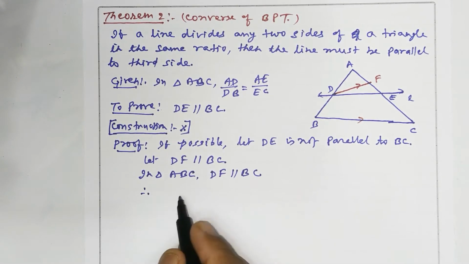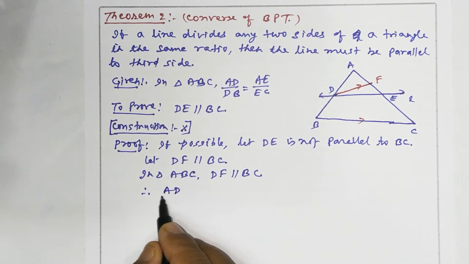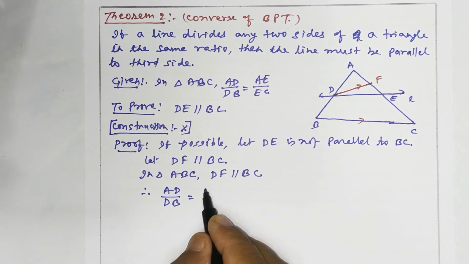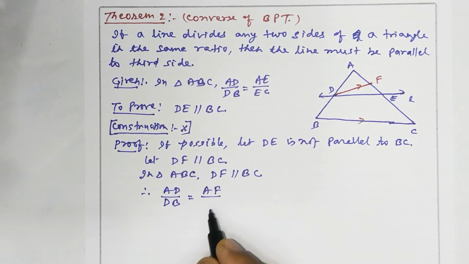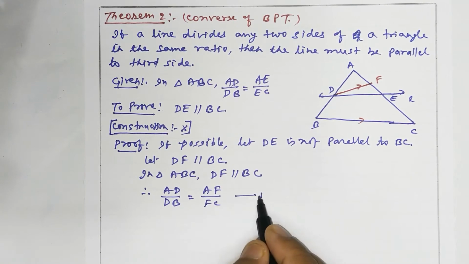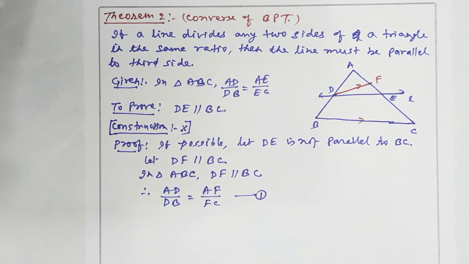Therefore, by BPT, we can write AD by DB is equal to AF by FC. This is our equation number 1.